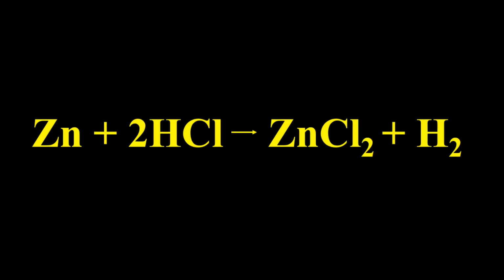Hydrochloric acid contains two different elements, hydrogen and chlorine. And in product, what do we get? Zinc chloride and hydrogen. In the product also, the same element zinc is present, the same element hydrogen is present, and the same element chlorine is present. It means there is no change in the element. Identity of the element remains the same in the chemical reaction.